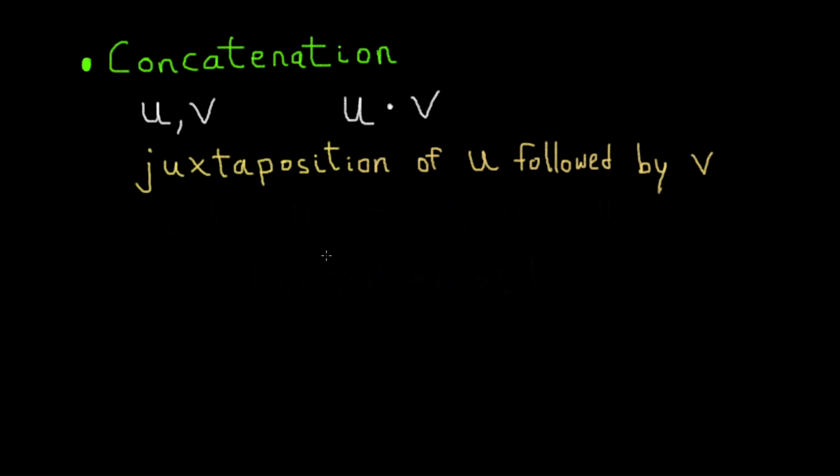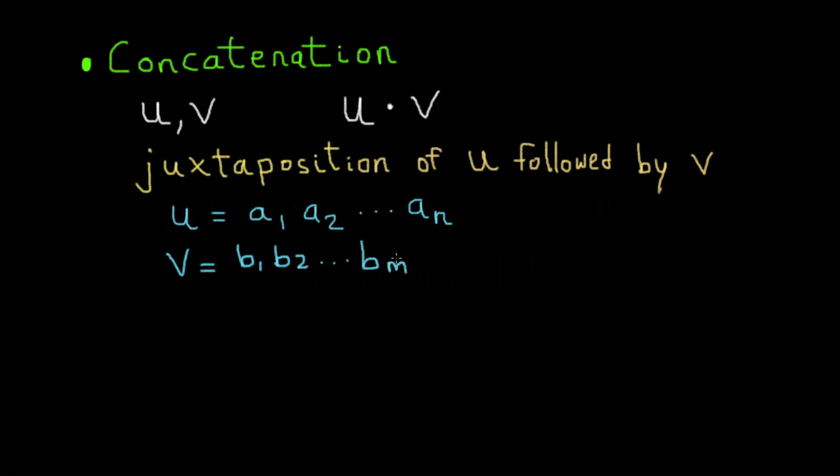Let us consider now that both words that we are concatenating, u and v, are not the empty word. So let us suppose that the word u is the word of the symbols a1, a2, until a sub n, and then the word v is the word with the elements b1, b2, until the symbol b sub m.